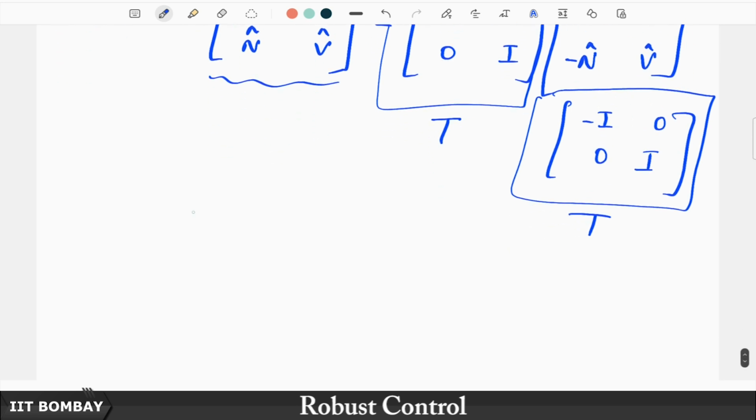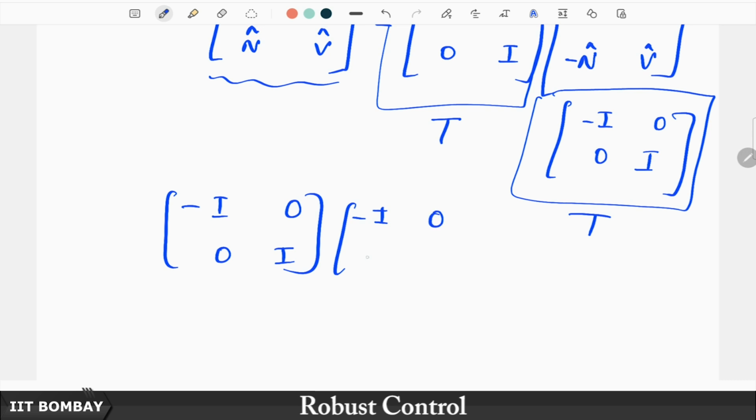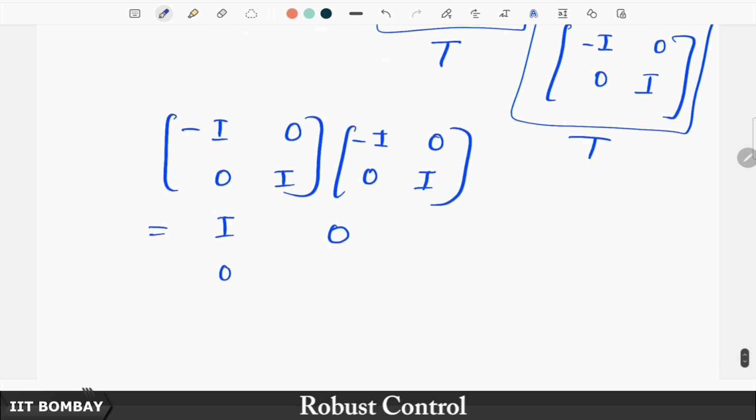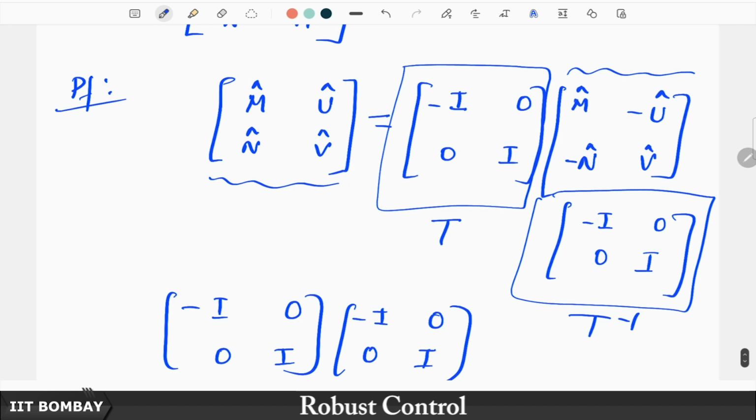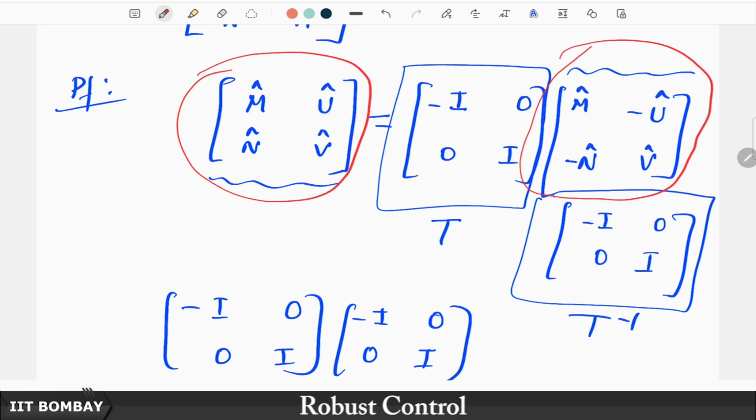In fact, you can see that minus I 0 0 I times minus I 0 0 I, you can readily see that this is equal to identity. Yeah. So, it is its own inverse. So, I can even call this T inverse. So, the invertibility of this and the invertibility of this, let me mark that with red so that you can follow, the invertibility of this is tantamount to the invertibility of this and the other way round.